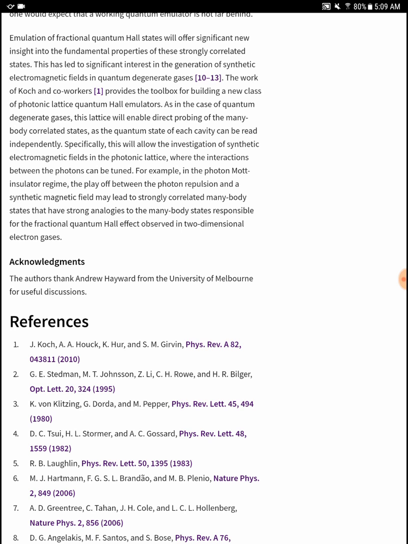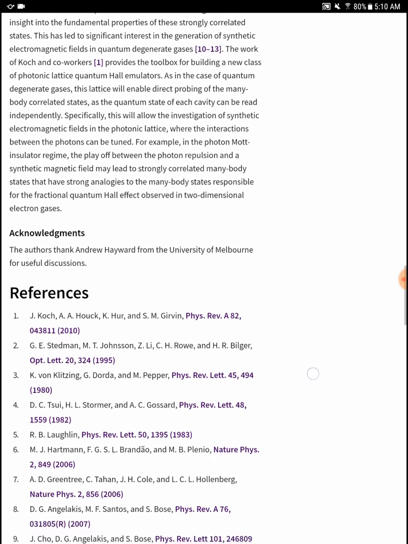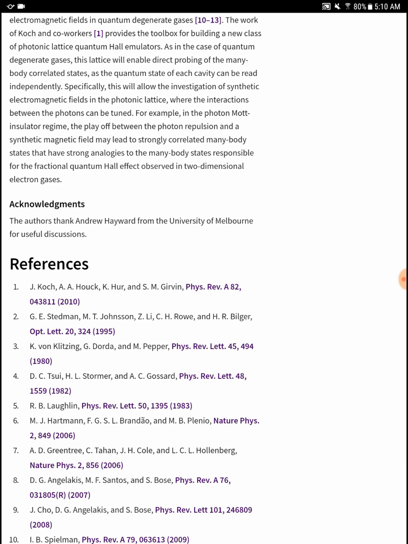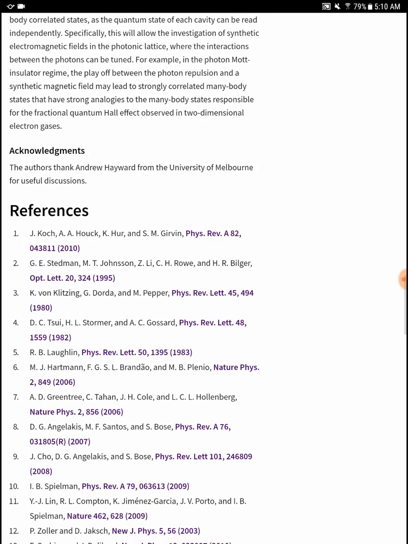The work of Koch and co-workers, reference number 1, provides the toolbox for building a new class of photonic lattice quantum Hall emulators. As in the case of quantum degenerate gases, this lattice will enable direct probing of the many-body correlated states, as the quantum state of each cavity can be read independently.